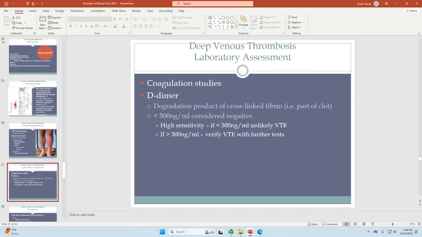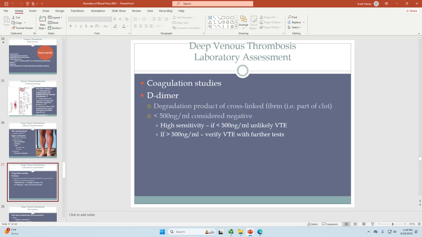So if you have a positive D-dimer, I'm not going to ask you the concentrations here, I'll just say whether it's absent, normal, or positive. But if you have a positive D-dimer, that means that somewhere in your body there's a clot that's being degraded by plasma. Okay, it's degrading that fibrin and releasing the degradation products into the circulation.